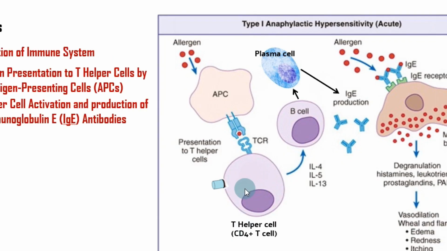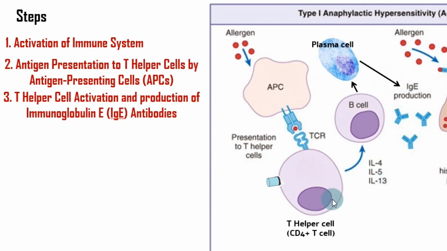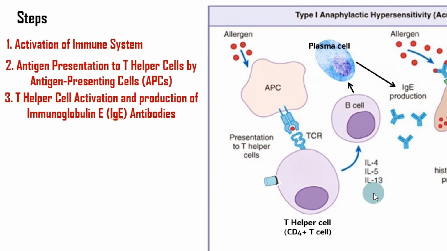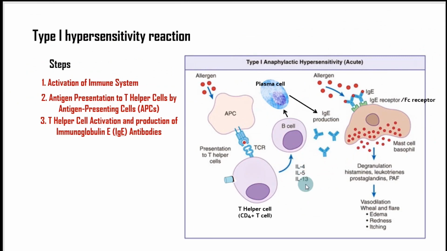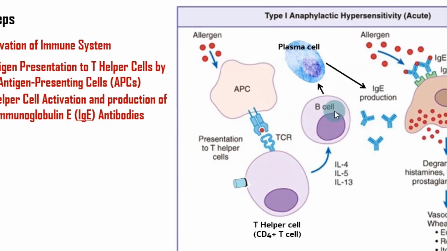Now, from our previous step, our T helper cell has been activated, and their activation means they will release certain cytokines or certain signaling molecules called interleukin 4, interleukin 5, and interleukin 13. These interleukins will then stimulate B cells to differentiate into plasma cells.